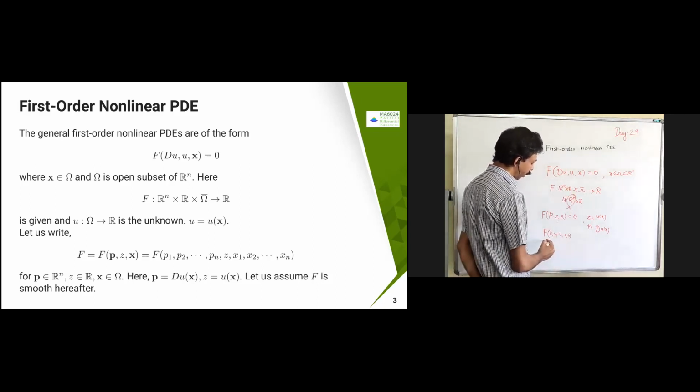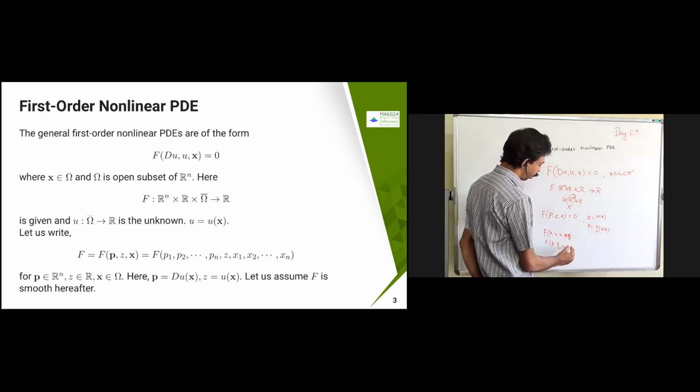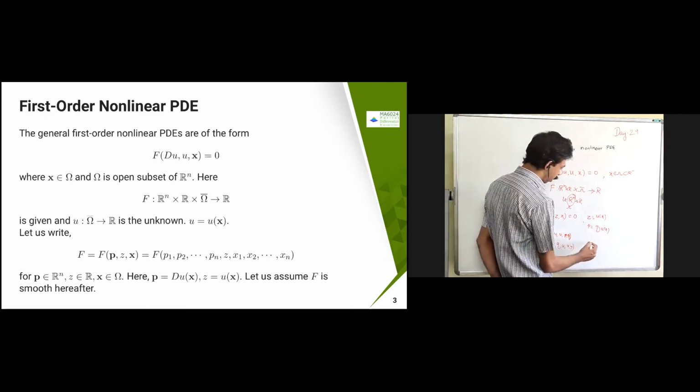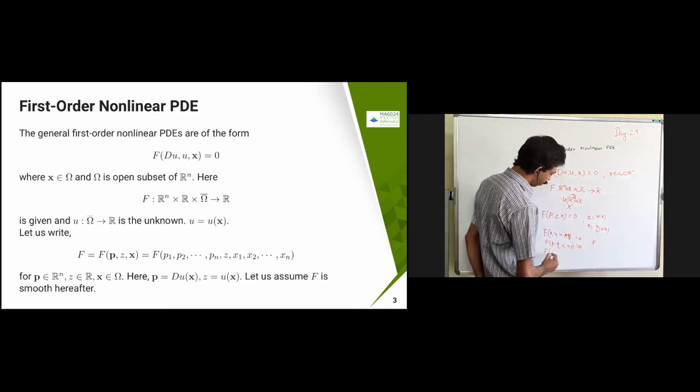So I can write it as F of p comma q comma u comma x comma y, equal to 0, or I can write the same thing as F of p comma q comma z comma x comma y equal to 0.